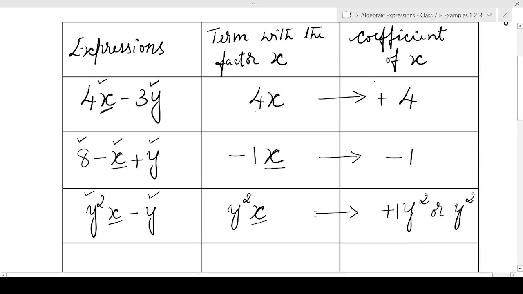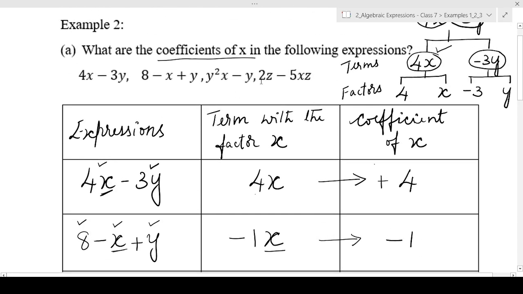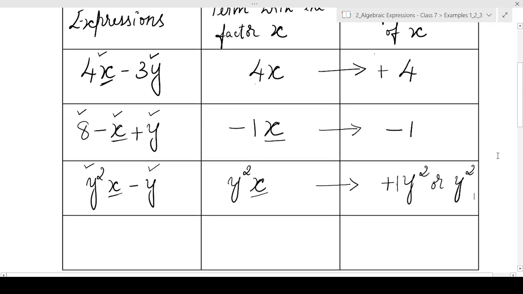Okay. Moving to the next problem, you have 2z minus 5xz. So the next expression that we have is 2z minus 5xz. Now this is also an expression with two terms.